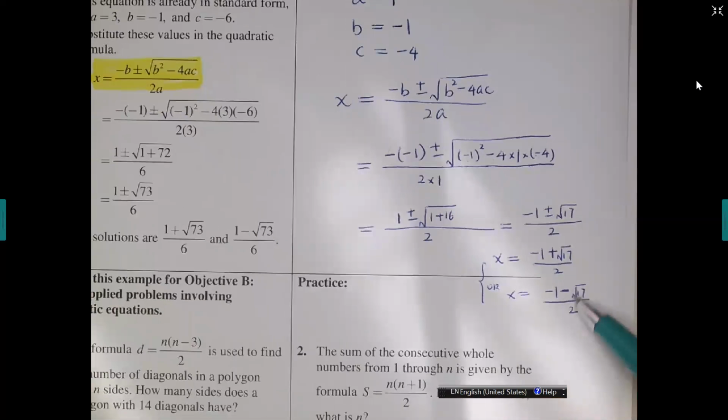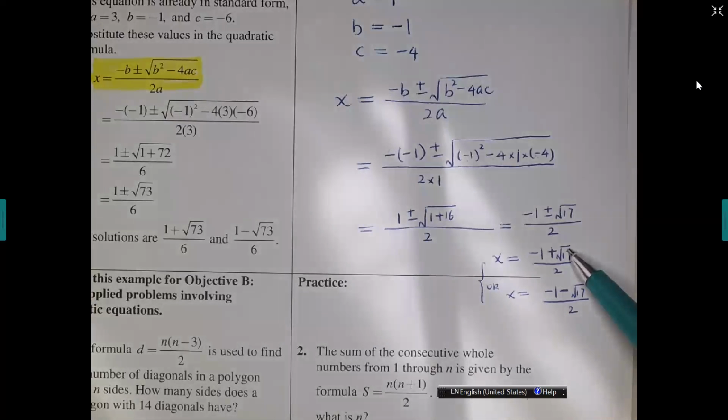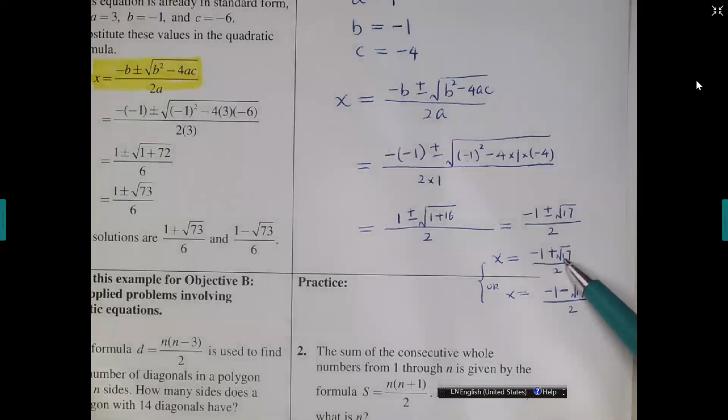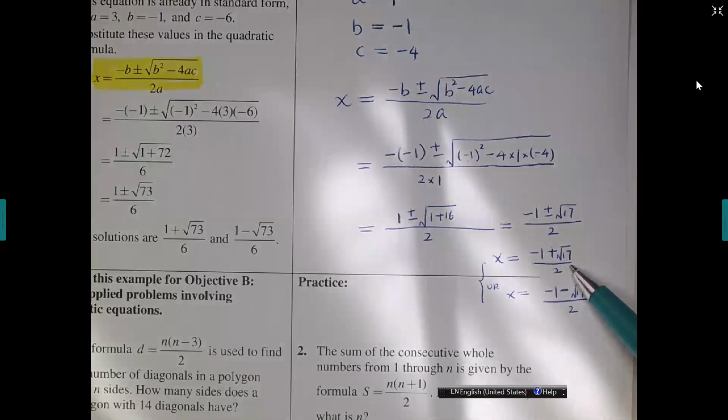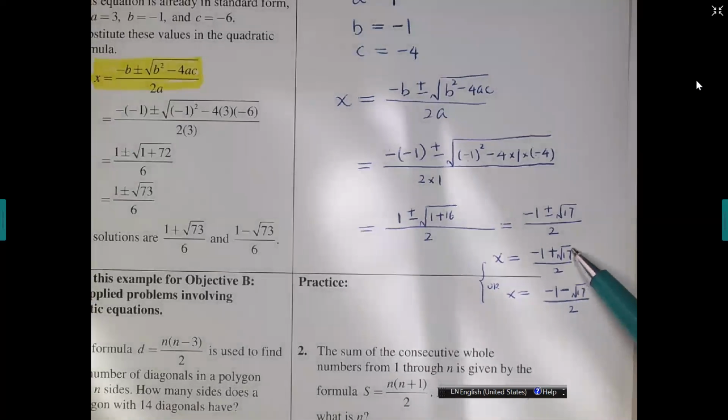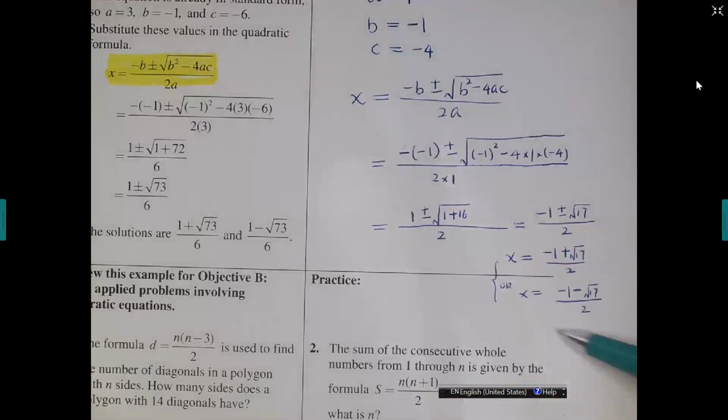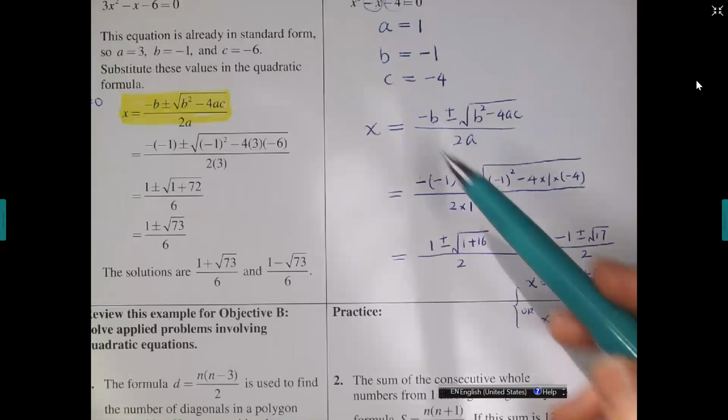Make sure the radical 17 is in simplified form. We cannot simplify this, so it stays like that. If we have a radical expression that we are able to simplify, then we always need to simplify it. Those are the two solutions for that equation.